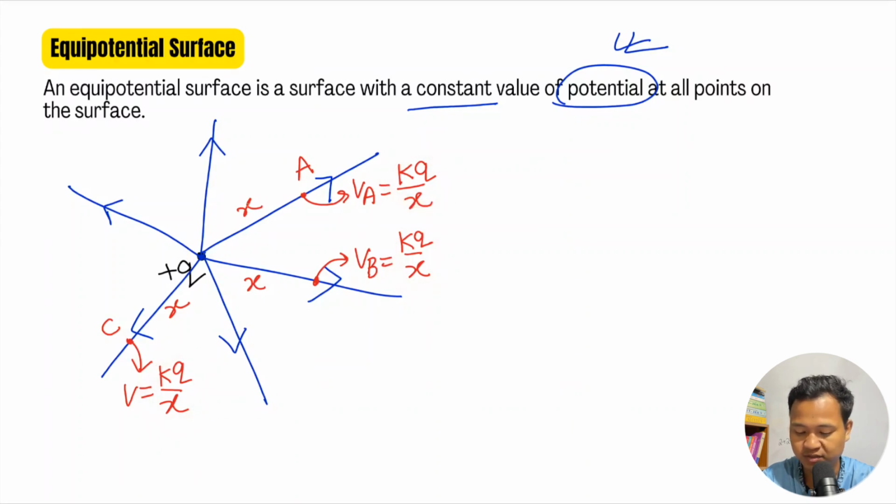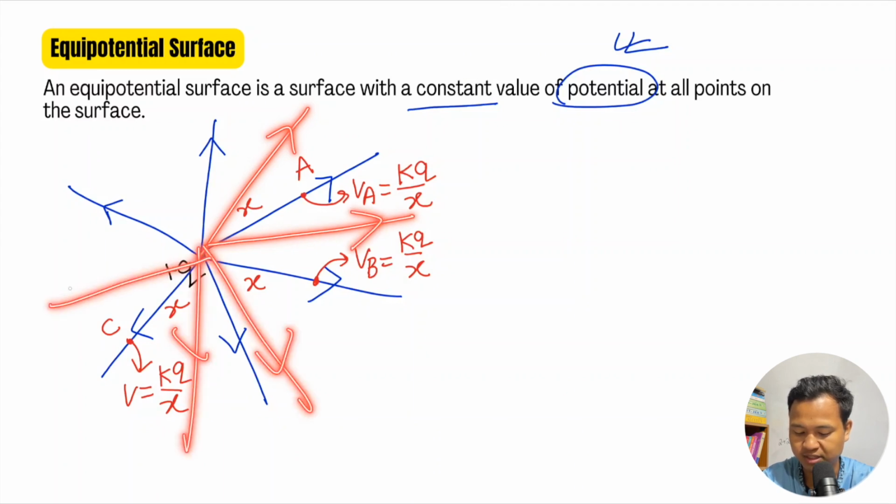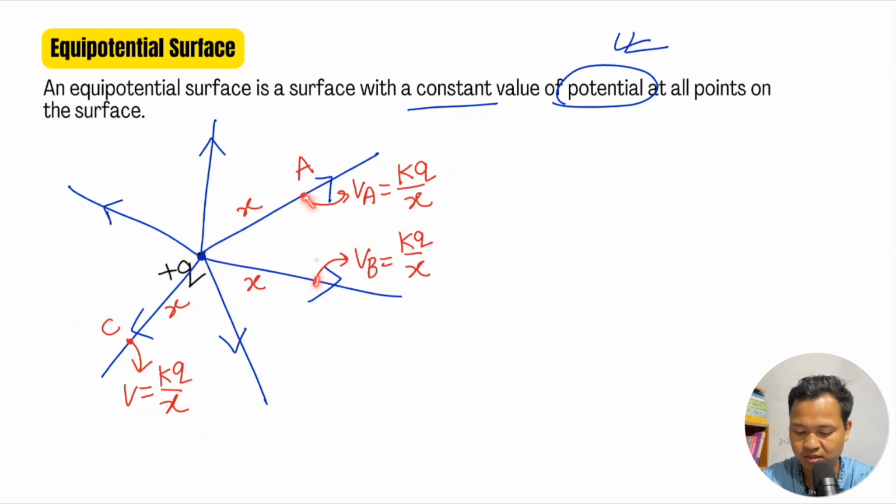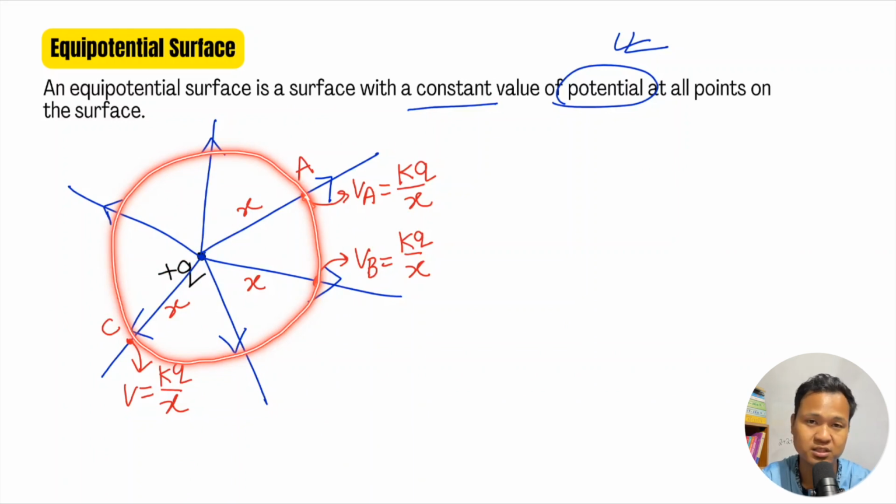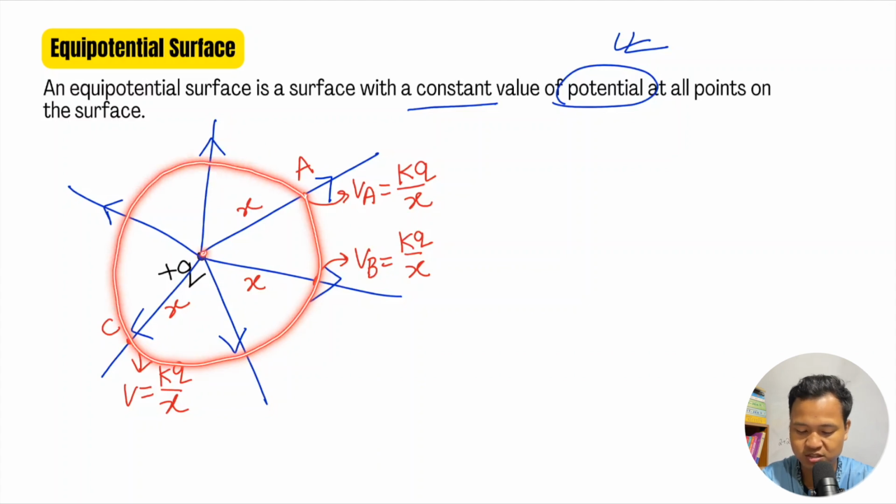Similarly, you have many electric field lines, thousands of lines, like this. The locus of all of these points which are equidistant from the charge will all have the same potential.